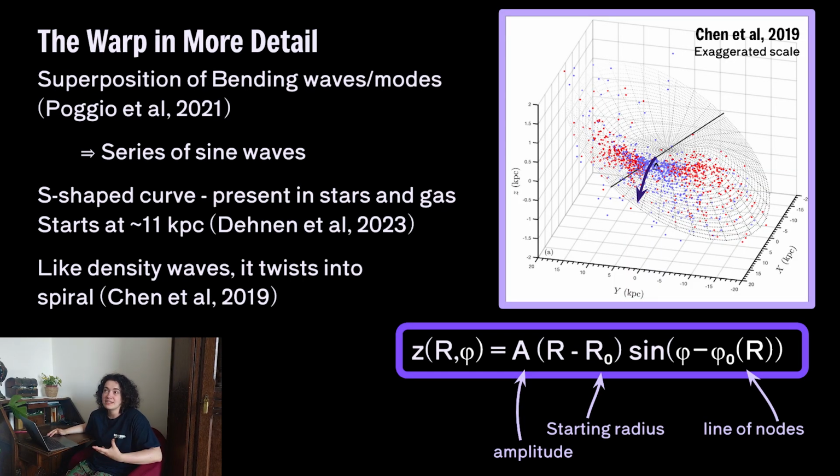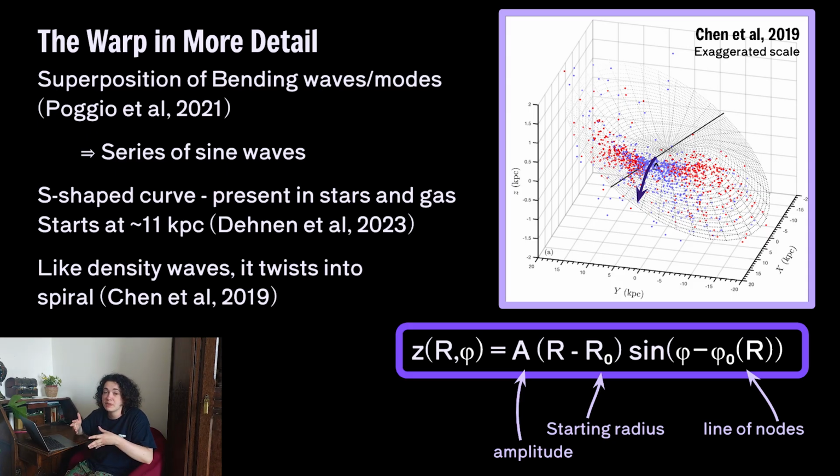Now, you don't really have to understand what's going on with this in complete detail, but it is important for me to build up your own knowledge on this. So a bit similar to the kinematic density waves, we consider the warp to be what we call a bending wave. Instead of areas where the density clumps up and gets really high, it's the height of the stars that goes up and down from the disk.